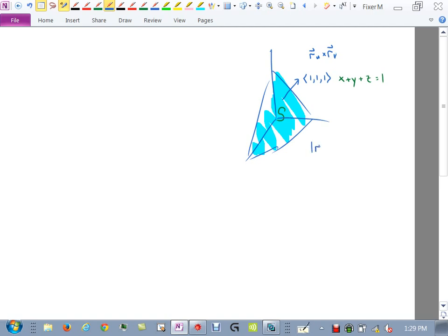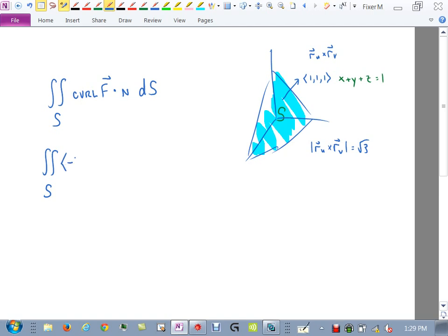So this is root 3. Okay, so I'm going to go now and bring this formula back up. I'm trying to do this. Curl F dot N dS, right? That's what I'm going to use here. Well, what's the curl? We already figured out what the curl was, right?